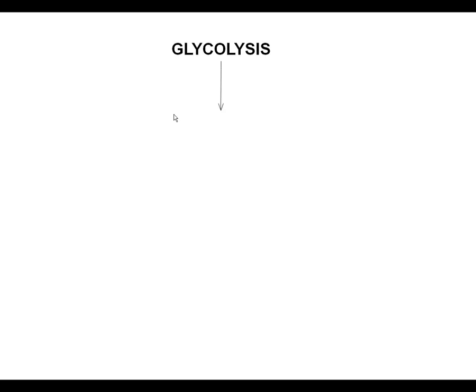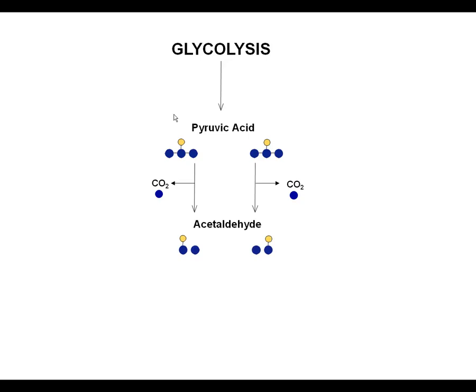So if we start with glycolysis and we end up with our pyruvic acid. So it's gone through the whole process of glycolysis. We have our two pyruvic acid molecules. The first thing that we're going to have is something called decarboxylation, where we're going to remove carbon dioxide, and we end up with an intermediate molecule of acetaldehyde. That acetaldehyde now is going to act as an electron acceptor.